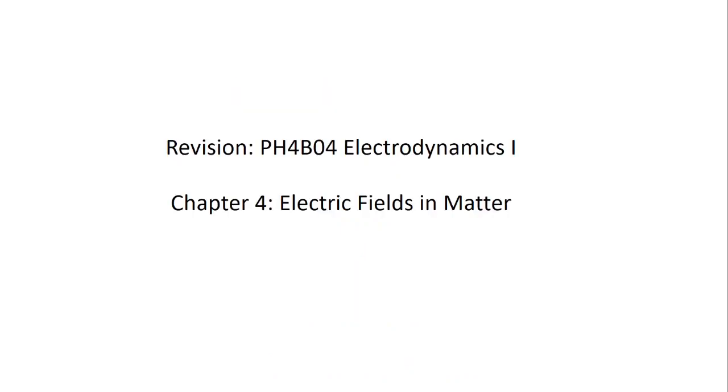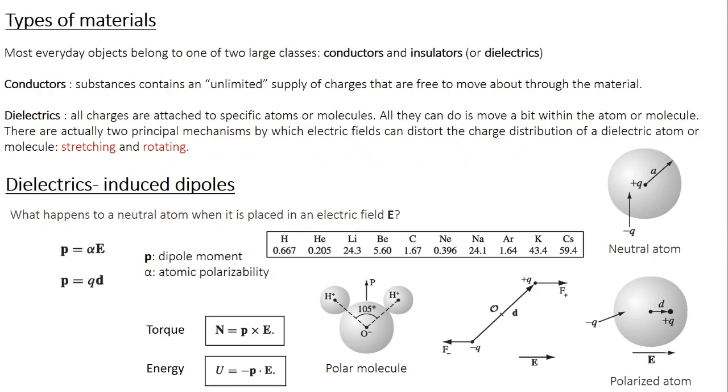So in today's class, we are going to revise Chapter 4 from Griffiths, Electric Fields in Matter. I am going to talk about two types of materials, namely conductors and dielectrics. We are not going into details of semiconductors because that's an altogether different branch of physics.